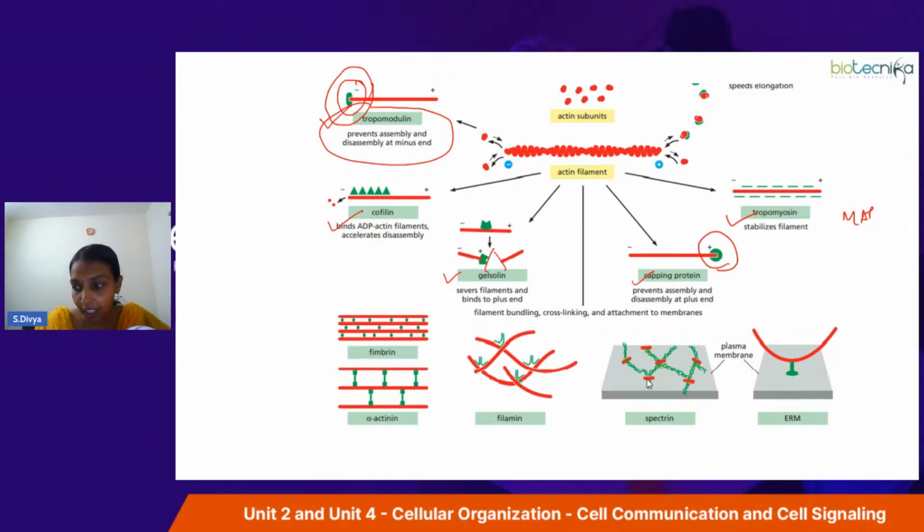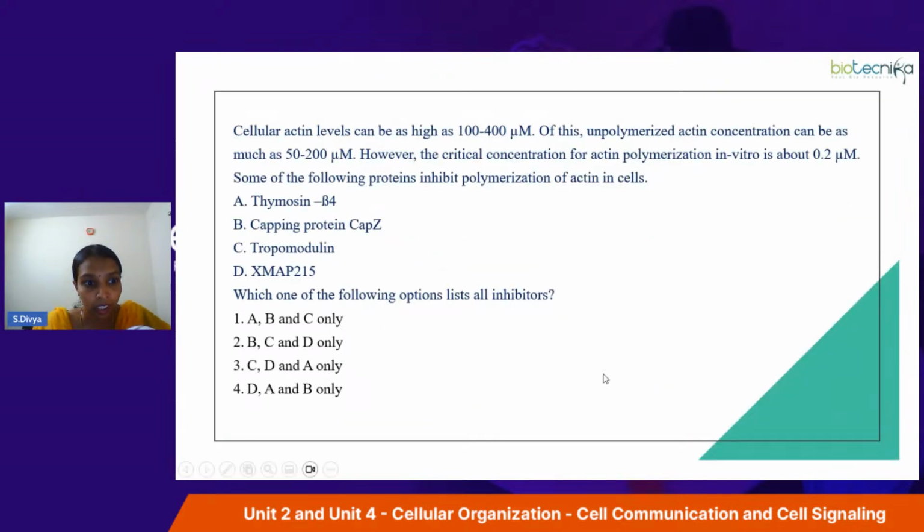Okay. Now, if you have understood this one, based on this, I have another question for you. Cellular actin levels can be as high as 100 to 400 micromolar. Of this, unpolymerized actin concentration is 50 to 200. Critical concentration for actin polymerization in vitro is 0.2.